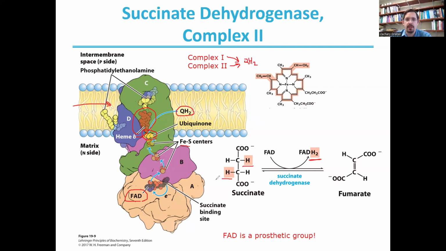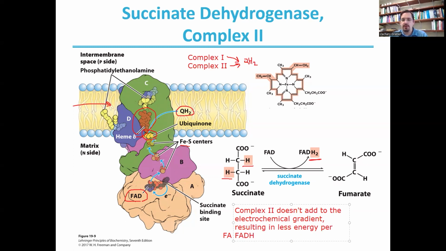So complex 2, unlike complex 1, doesn't actually contribute to our electrochemical gradient, which is directly why our FADH2 doesn't produce as much energy as NADH. So complex 2 doesn't add to the electrochemical gradient, resulting in less energy per FADH2 than NADH.